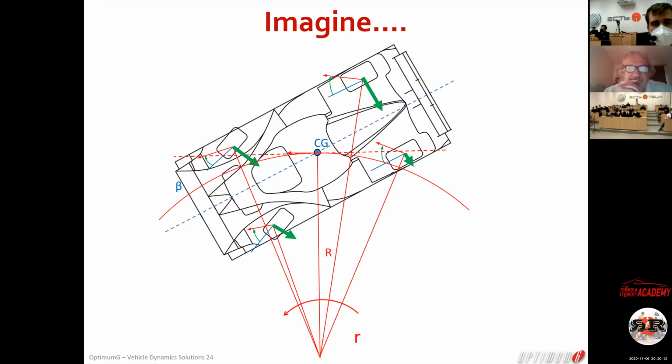So look at this. Imagine, guys, that I'm going to increase the wheelbase. Do you agree that if I increase the wheelbase, I change my 4 slip angles? If I change my 4 slip angles, I change my 4 lateral grips for the same tire model.